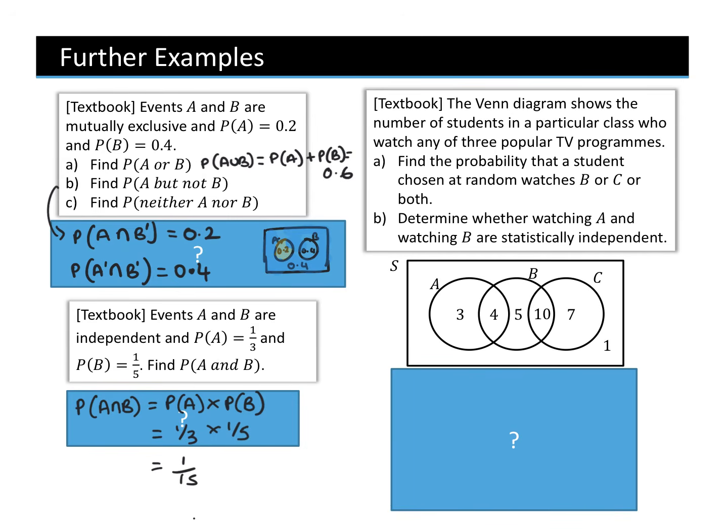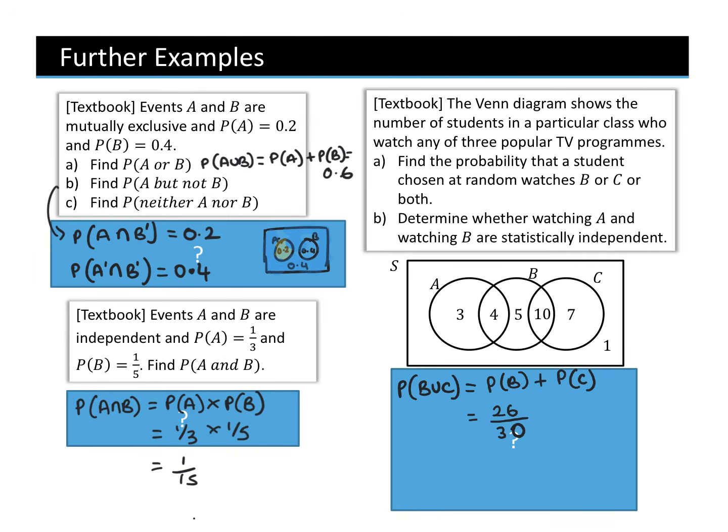So we actually want the probability of B union C, which is the probability of B plus the probability of C. 4 plus 5 plus 10 plus 7 is 26 out of a total 30. So there's 30 people altogether.